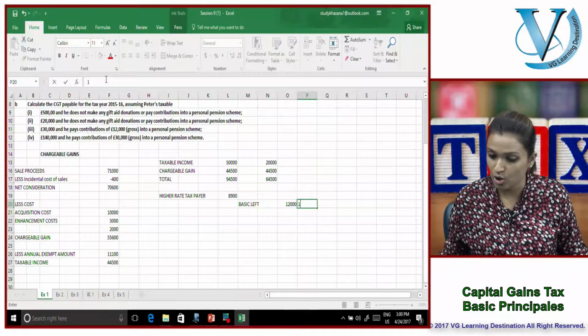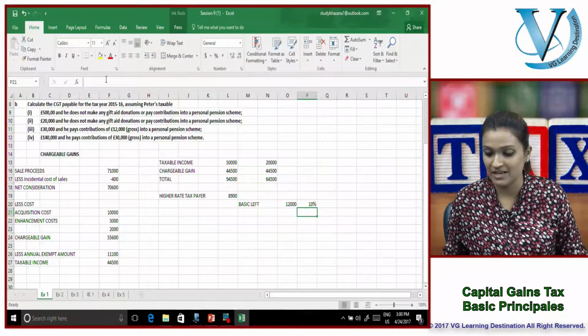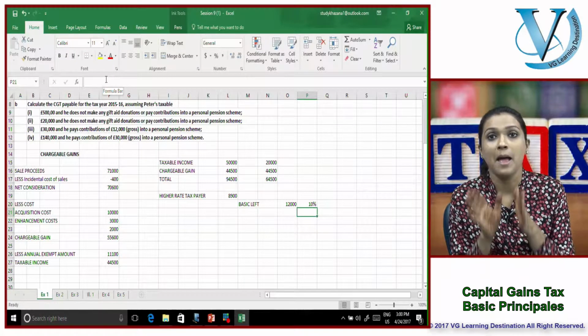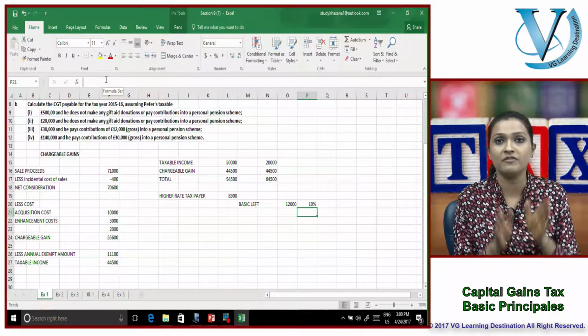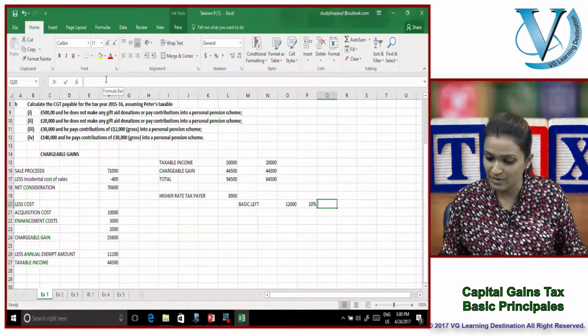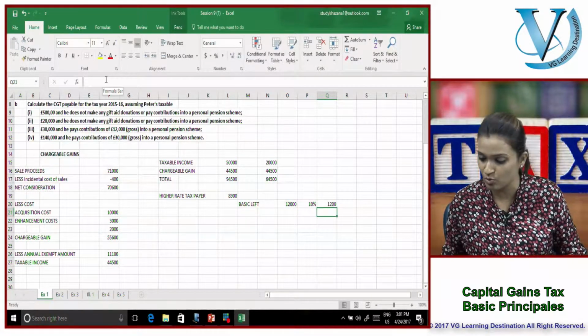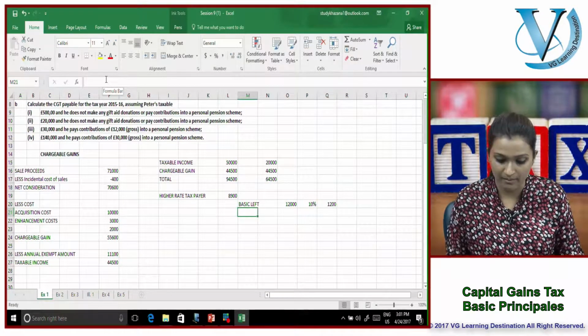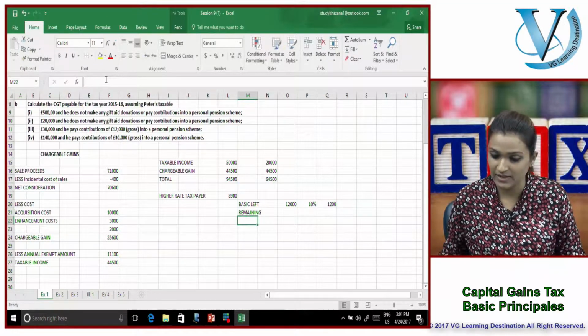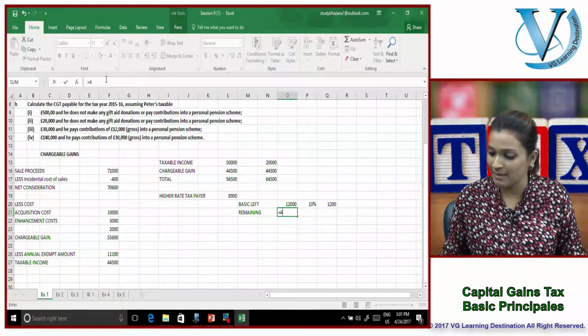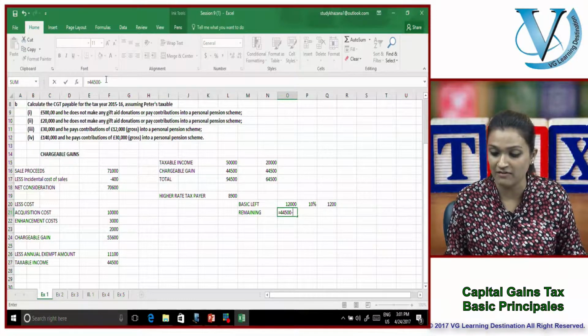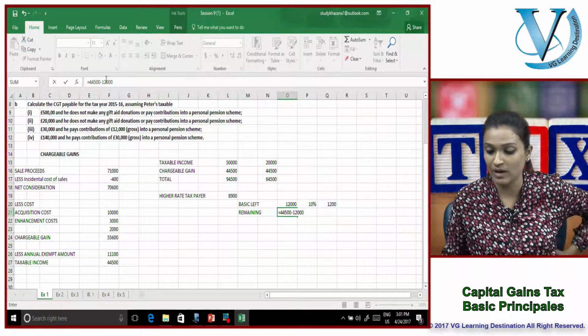at a lower rate of 10%. Why? Because this is still under the basic rate band of 32,000 pounds, which becomes how much? 12,000 multiplied by 10% is equal to 1,200. What about the remaining? Remaining is going to be how much? Out of total liability of 44,500, I have paid tax on 12,000.